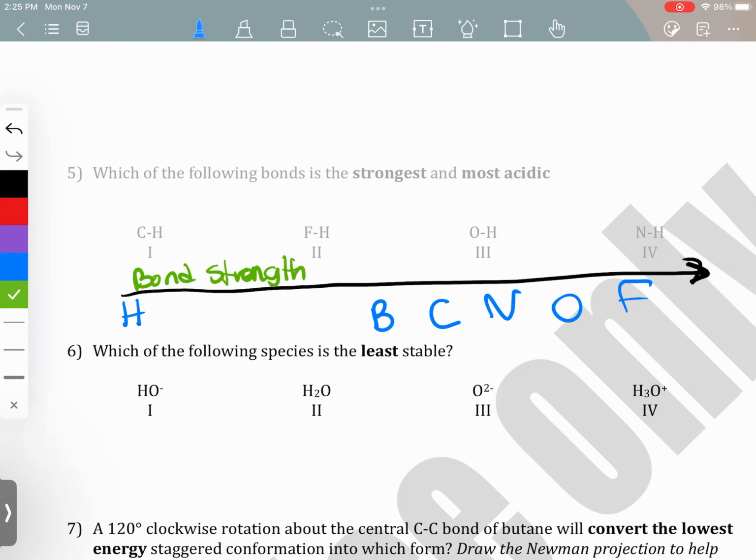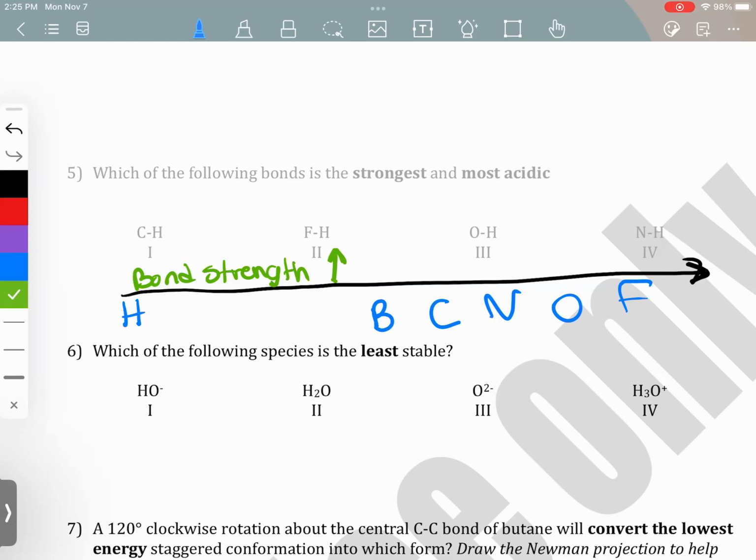You remember that periodic chart? Off the top of my head, bond strength. It decreases, right? It increases. Remember, bond strength increases left to right on the periodic table because the atoms are becoming more electronegative.